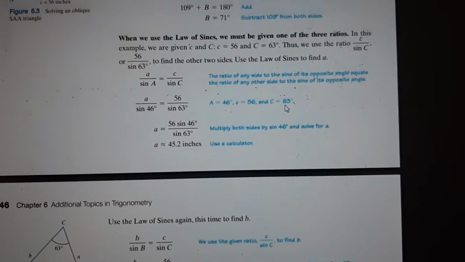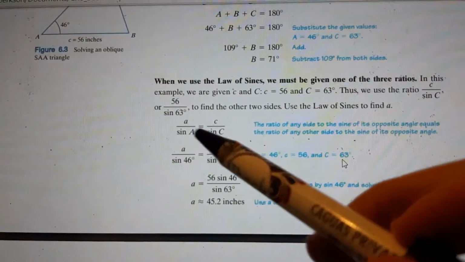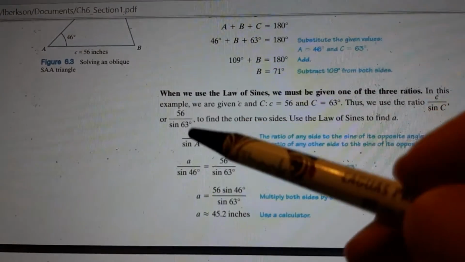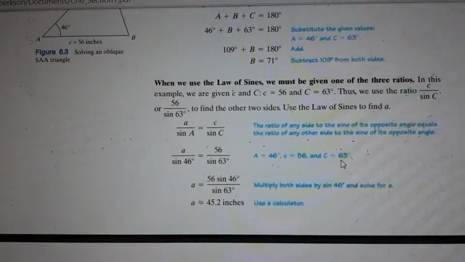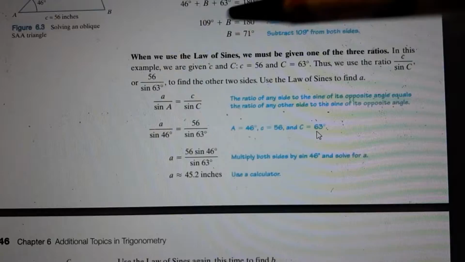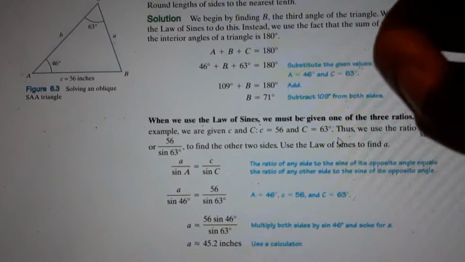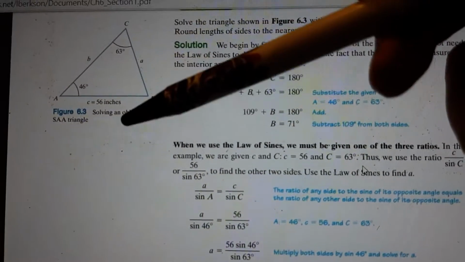So in this case, we use this ratio: A divided by sine of A must be equal to C divided by sine of C. And why do we choose this one? Because it is the only side and angle that we know, both of them at the same time.